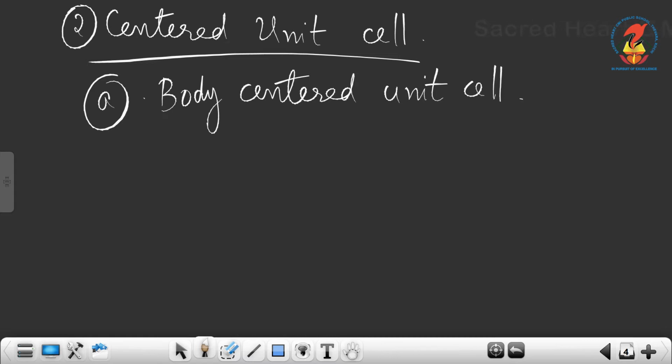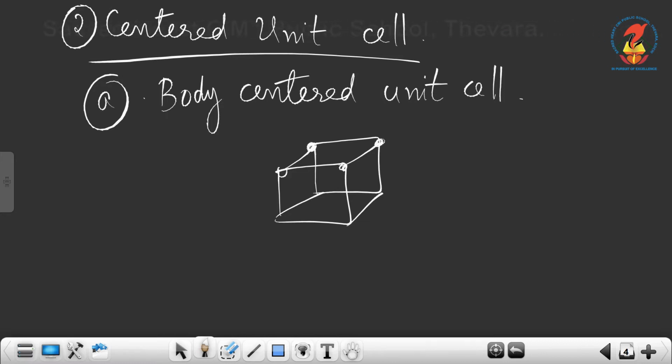So they are called body centered unit cell. Now if you draw the diagram of a body centered unit cell, again I am drawing a cubic unit cell. Body centered, we have atoms at the corner, 8 corners, plus 1 at the body center. So this is the body center. We have one here. So this is body centered unit cell.